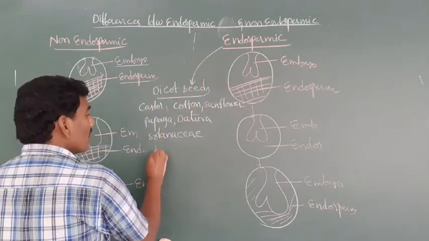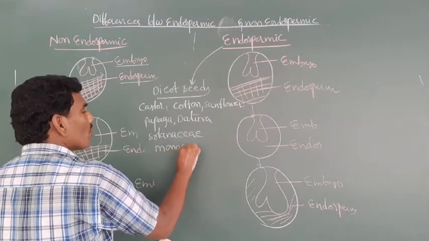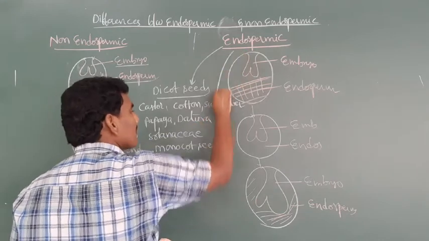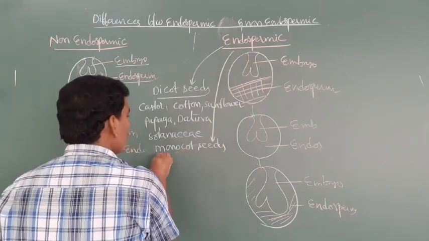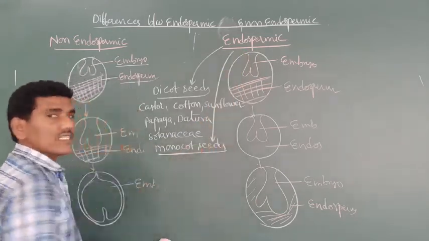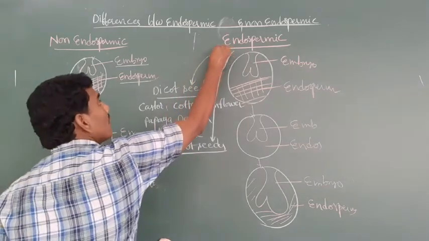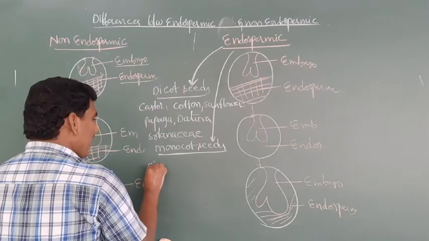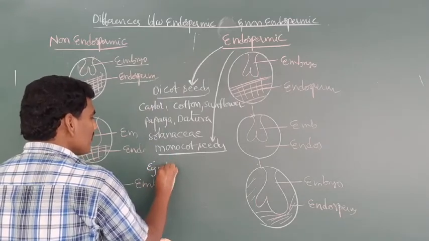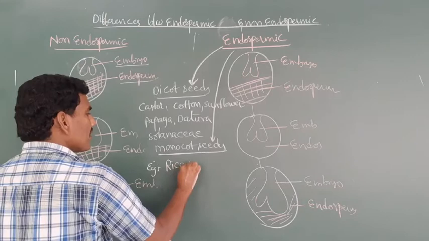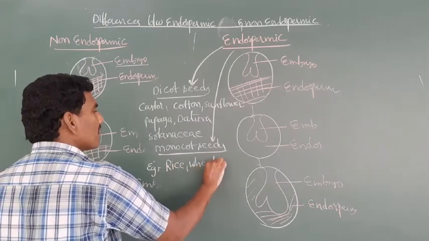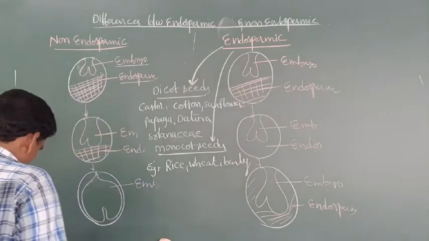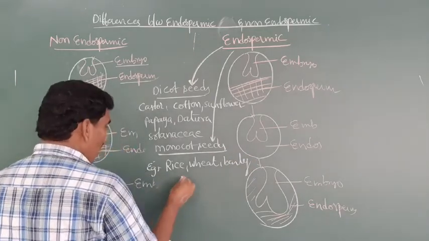Next one, endospermic monocot seeds. Examples are rice, wheat, barley, and coconut.